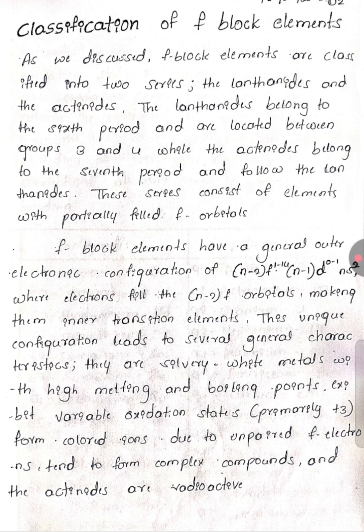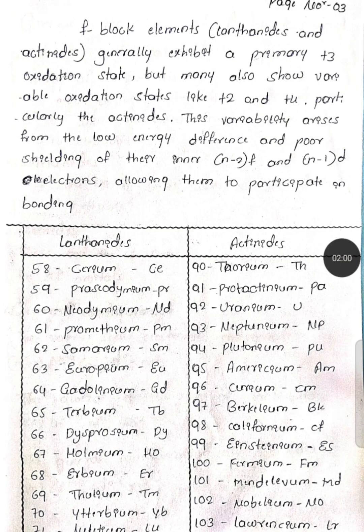This unique configuration leads to several general characteristics. They are silvery white metals with high melting and boiling points, exhibit variable oxidation state, primarily +3. They form colored ions due to unpaired f electrons, tend to form complex compounds, and the actinides are radioactive. F block elements, meaning lanthanides and actinides, generally exhibit a primary +3 oxidation state, but many also show variable oxidation states like +2 and +4.